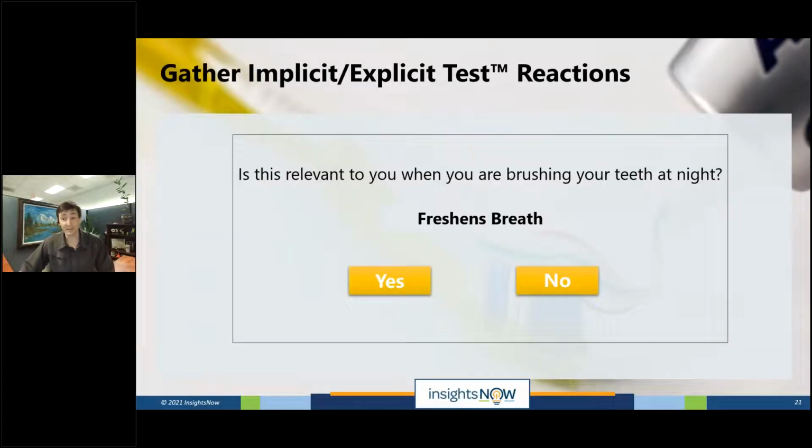Then we gathered implicit, explicit reactions, right? Is this relevant to you when you're brushing your teeth at night? Does it freshen your breath? Does it taste refreshing? Is being organic, warming your mouth, fluoride free? This set of attributes, we had quite a large list here that we were cycling through. Some of these were characteristics that we were curious about, they don't exist on the market today, like warms your mouth.